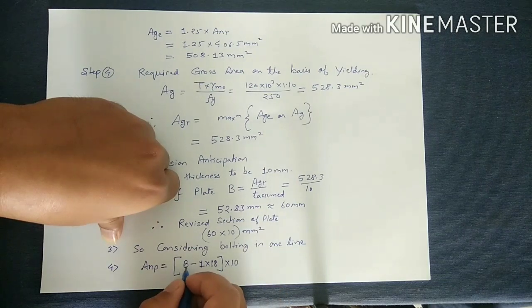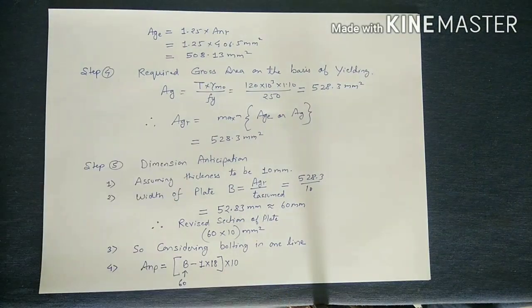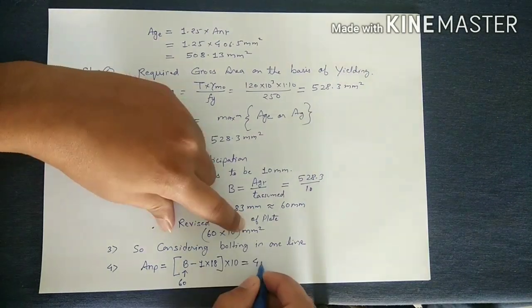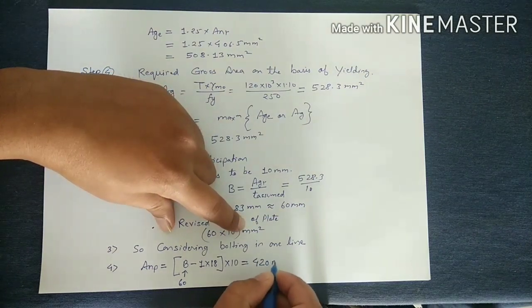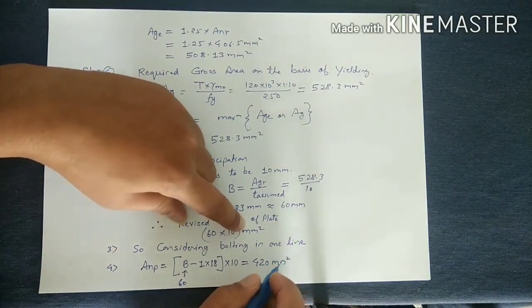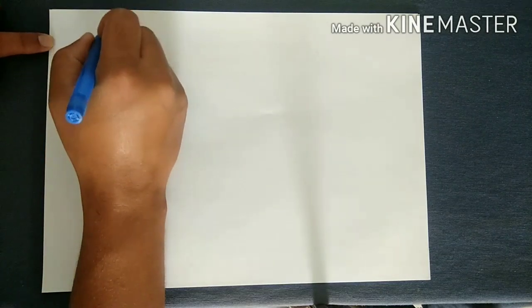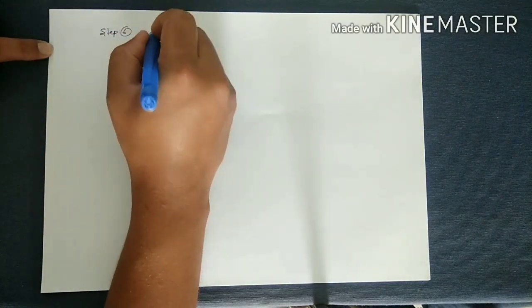Here B is 60. Therefore, on solving this equation, we get 420 mm square.